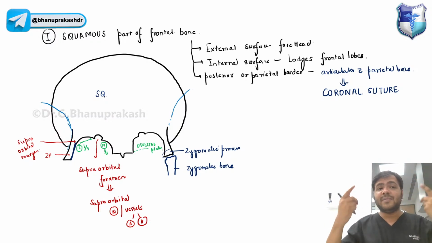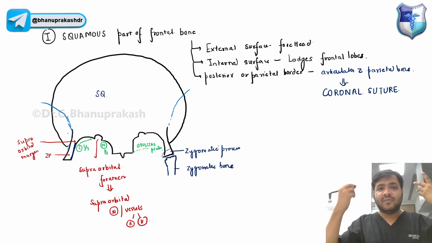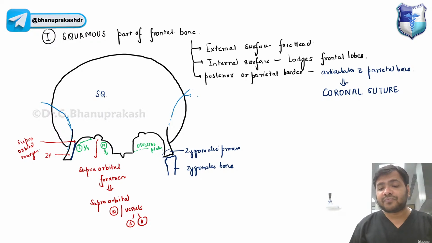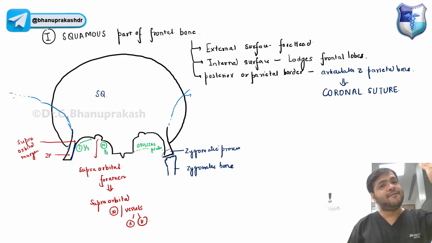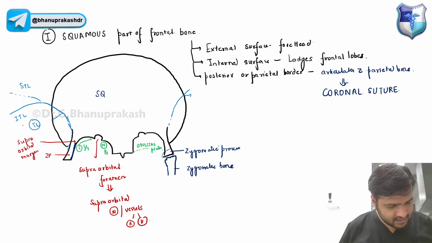These lines coming from the posterior margin of the zygomatic process are, anyone in the chat box, the temporal lines, right? These temporal lines bifurcate to form the superior temporal line, which will go and fade away, and the inferior temporal line. This is nothing but the temporal line.